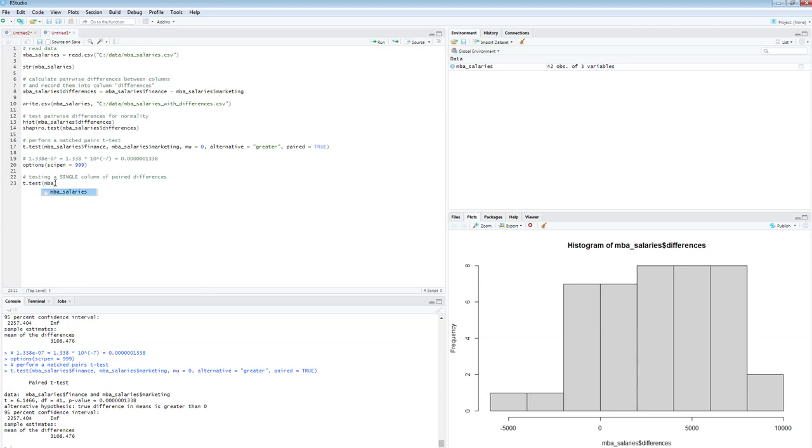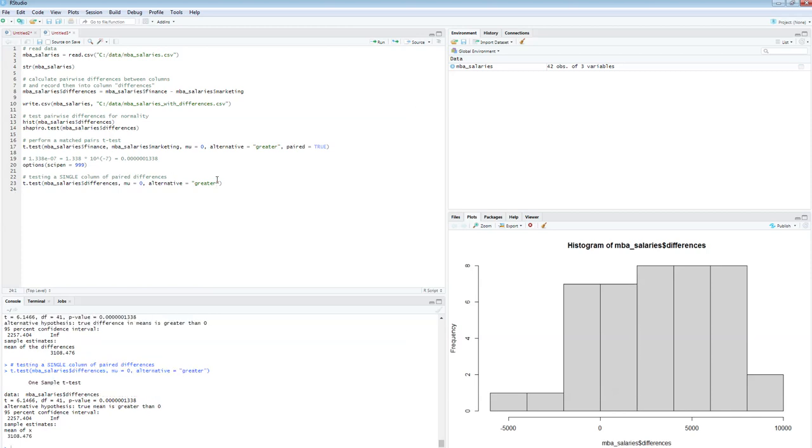MBA salaries, dollar sign, this one column. Because it's the average difference between finance and marketing, I'm still trying to see if the average difference is greater than 0. So I'm comparing it against 0, and my alternative is still greater. But I don't have to say paired or not paired, because there is only one column. Paired with what? There's nothing to pair.